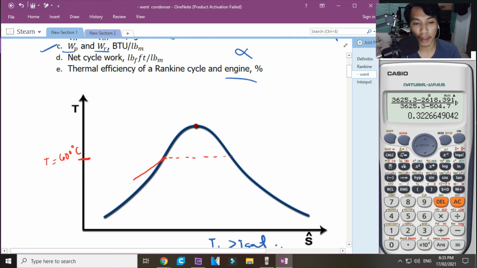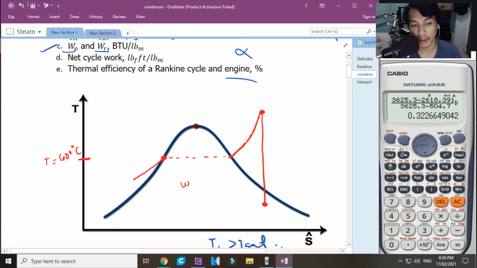Superheated siya pagdating dito sa dulo. Curving yung line. Papasok ka dito, pababa, straight line kasi constant entropy. Andito yung point mo. Under here, wet region yan.